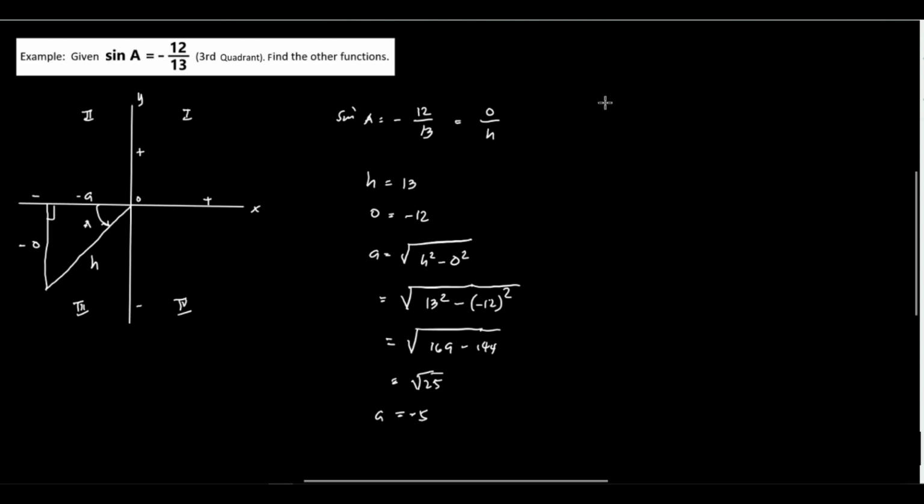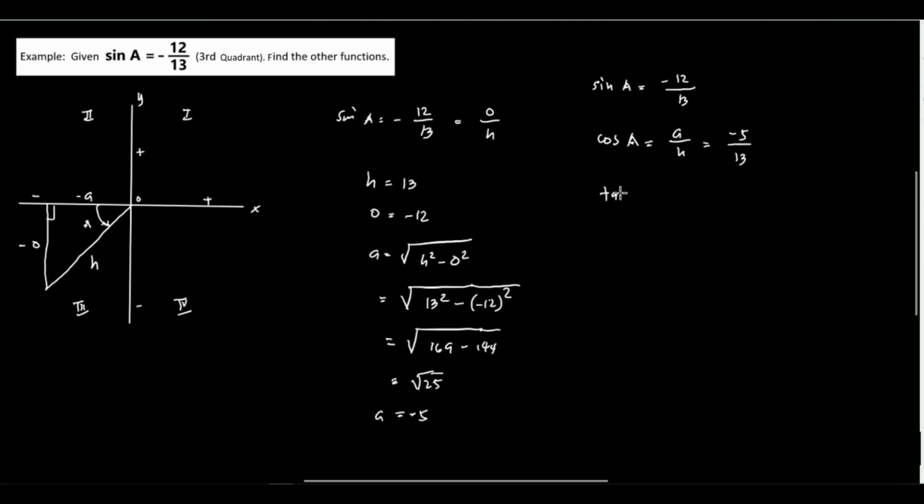Using the other functions, find the other functions. First, sine A, just copy the value, that's negative 12 all over 13. Next, we have cosine A, and it is adjacent over hypotenuse. Therefore, A, we find the value, that's negative 5 all over H, that's 13 here.